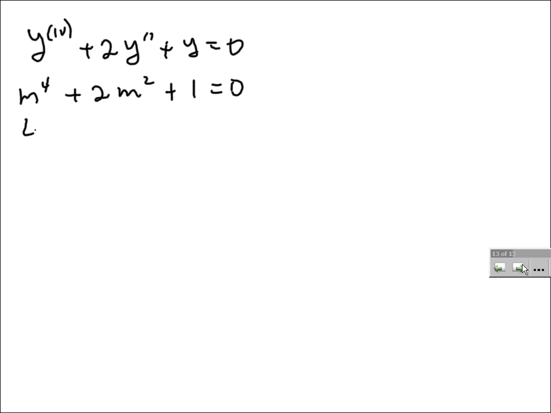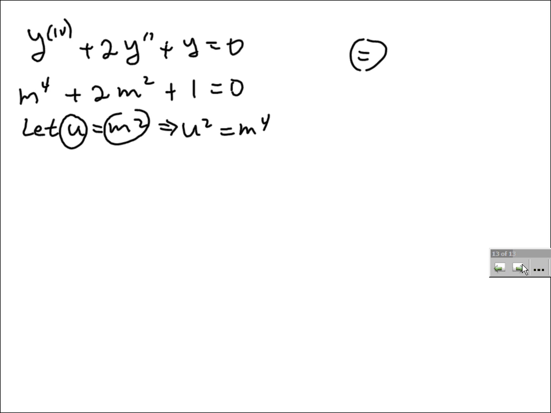Because if I let, for example, u equal m squared, well, that would mean if I square the left side, I get u squared. If I square the right side, I get m to the fourth. Another way of saying m squared is u.